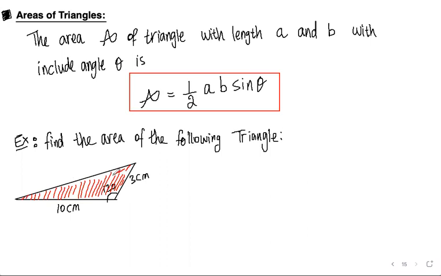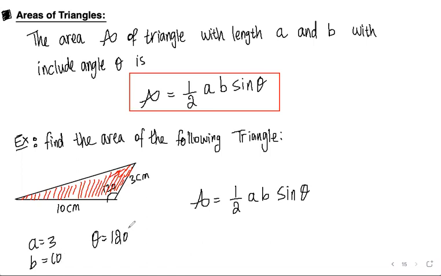To find the area, I have to use the formula above. It says the area equals 1/2 times A times B times sine of the angle. So my A is 3, B is 10, and the angle is 120.